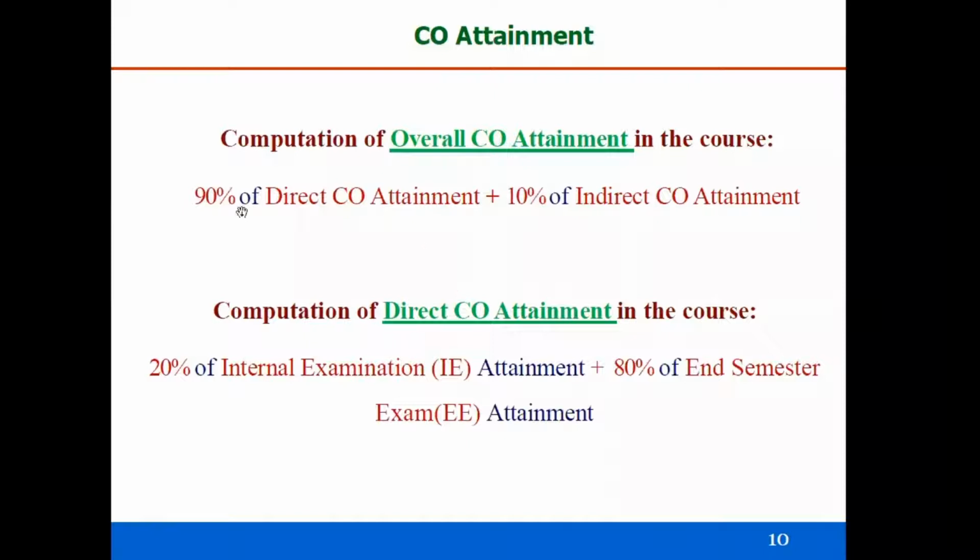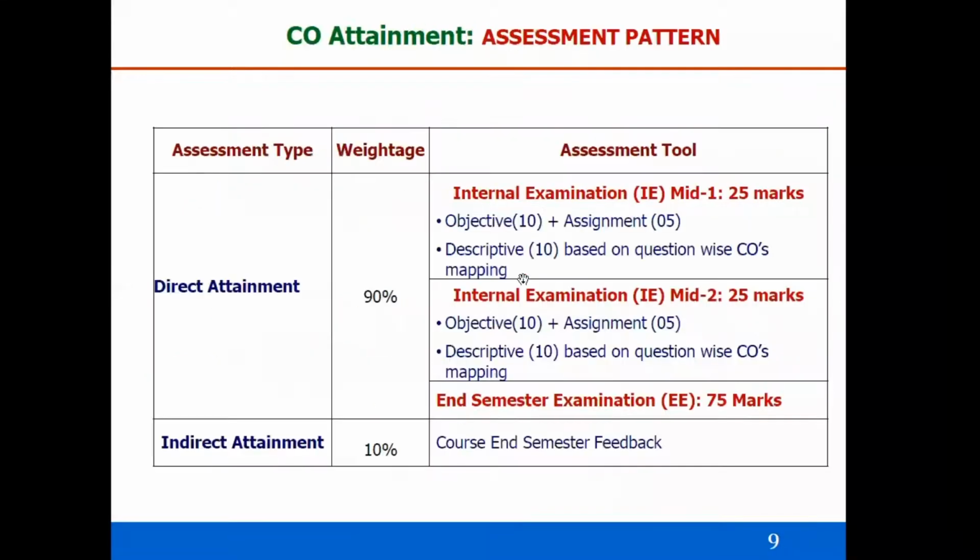Now again, the direct CO attainment is calculated separately. The formula is the computation of direct CO attainment for a particular course. In the assessment pattern, you can see that an internal and external combination is there. Here the weightage is reversed. Why? Because internal has less weightage, and external has the highest weightage.